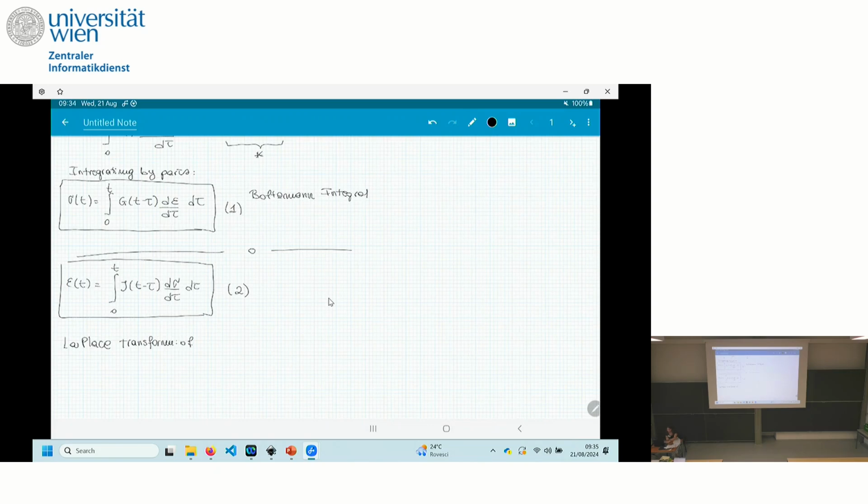If we take the Laplace transform of equation 1, we have that sigma of s, where s is a transform variable, is equal to s times the relaxation modulus in the Laplace transform times epsilon of s, and equivalent for equation 2.